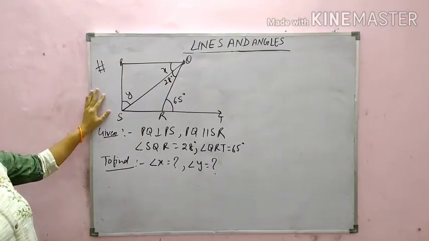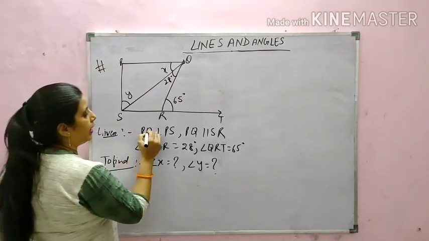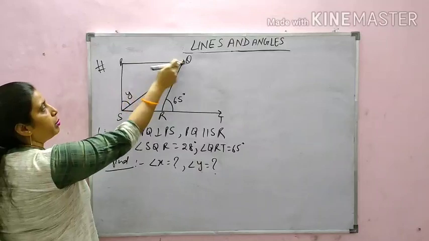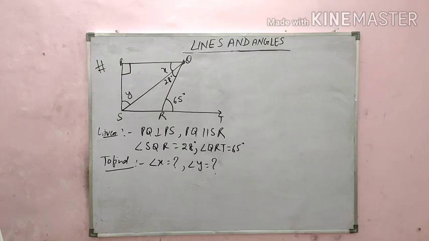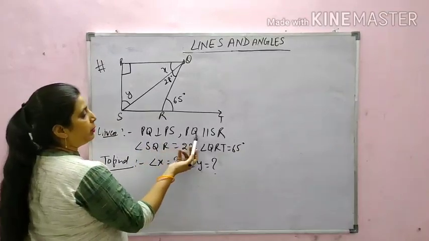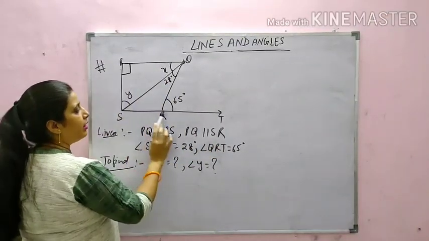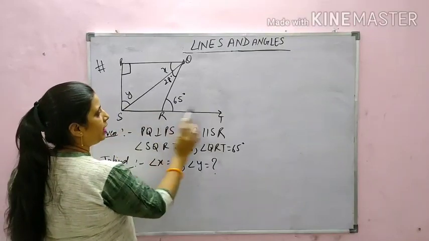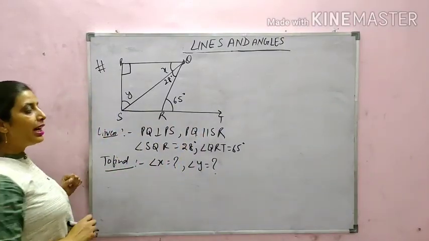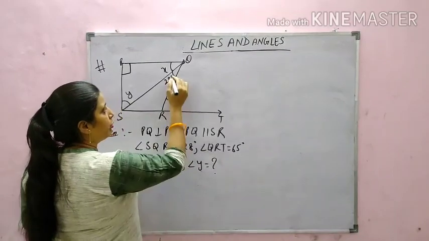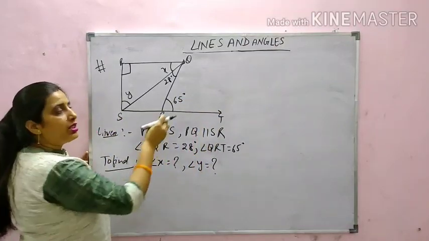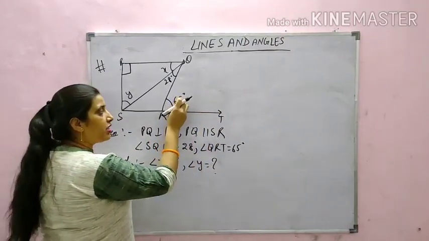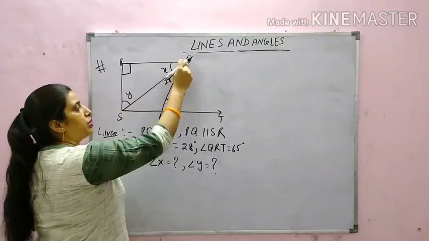Now in this question the figure is given here as PQ perpendicular PX. It means it is forming a 90-degree angle here. And PQ parallel SR, or you can say that PQ parallel ST also. Clear? Now there are two angles given. Angle SQR 28 degree and angle QRT is 65 degree, which is acting like an exterior angle for the triangle SQR.